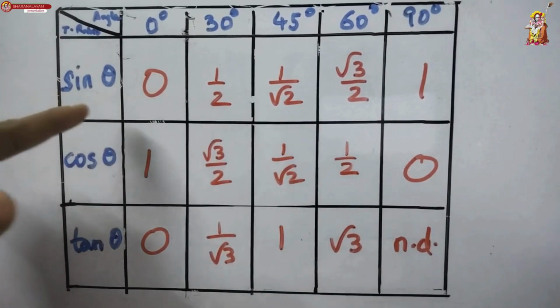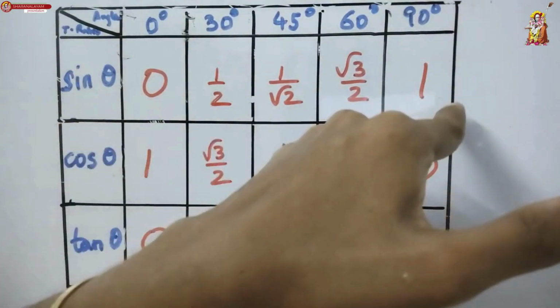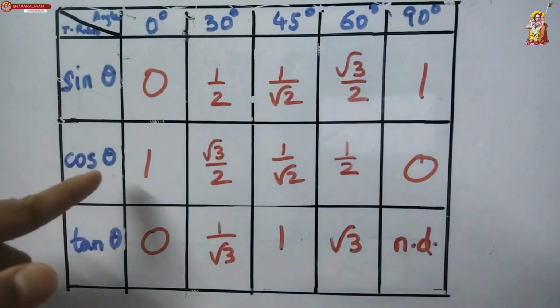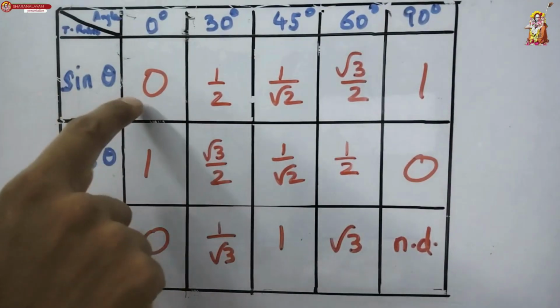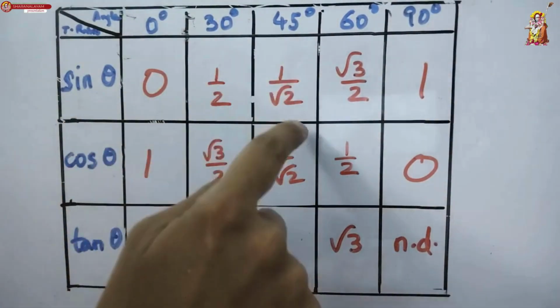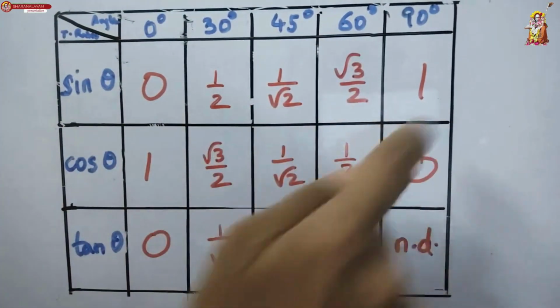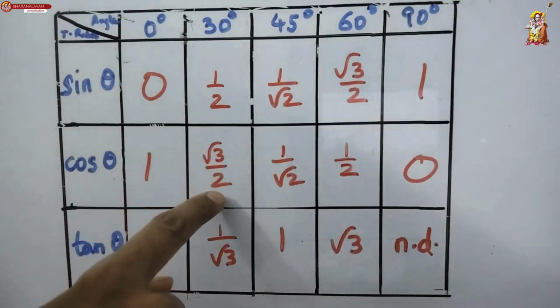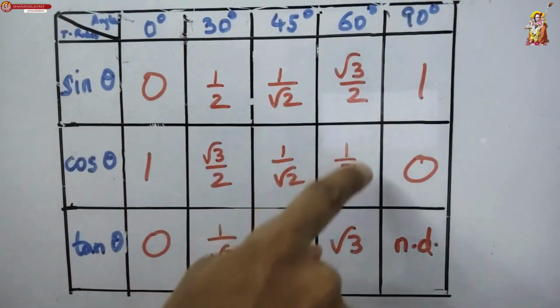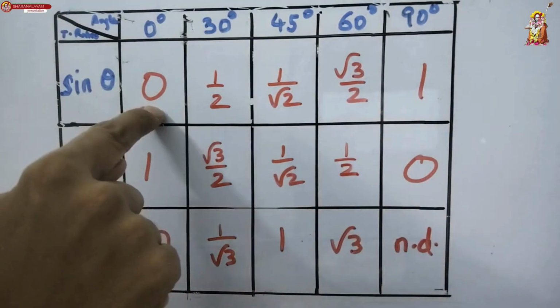So sin theta, the value increases from 0 to 1. Cos theta value decreases from 1 to 0. So it's 0, then half, 1 by root 2, root 3 upon 2, then 1. Here it's 1, then root 3 upon 2, then 1 by root 2, half, 0.